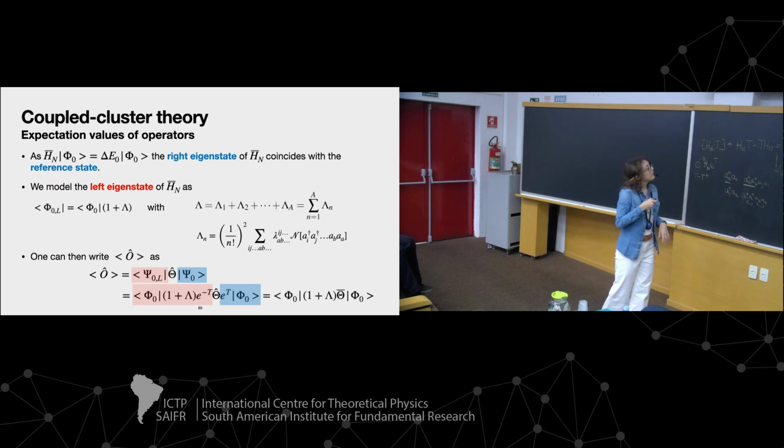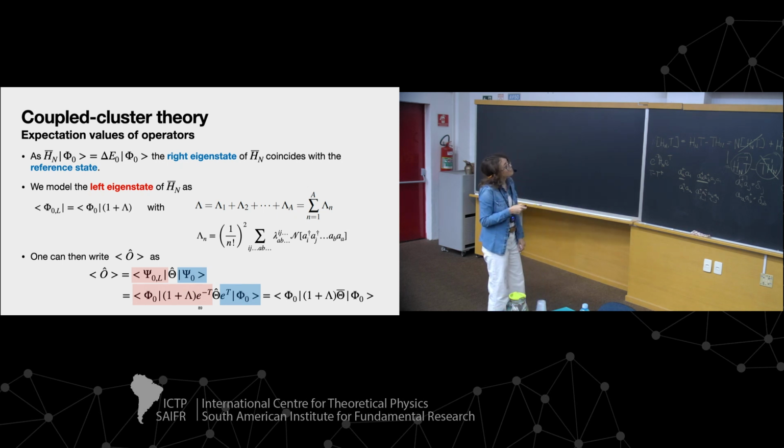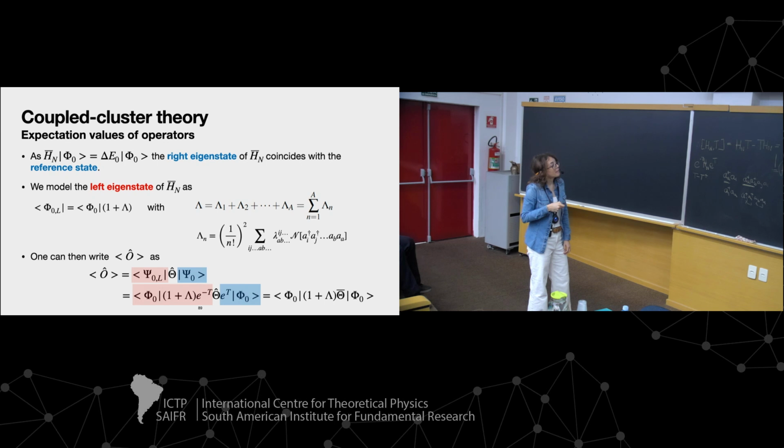And so in this case, one can then write the expectation value as, let's say, the expectation value of the operator. I use two different notations, I'm sorry for this, but O and theta are the same thing. And so here we have the left ground state and the right ground state.